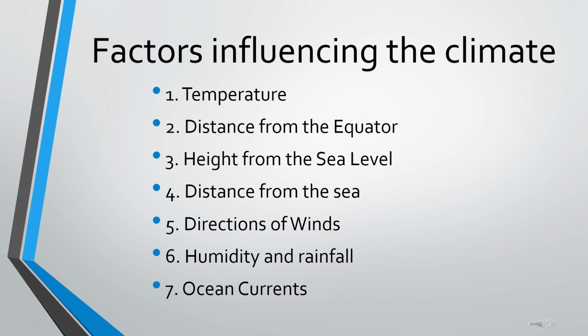Number 5, directions of winds. Number 6, humidity and rainfall. Number 7, ocean currents. So these are some of the factors influencing the climate. Now let's study them in detail.